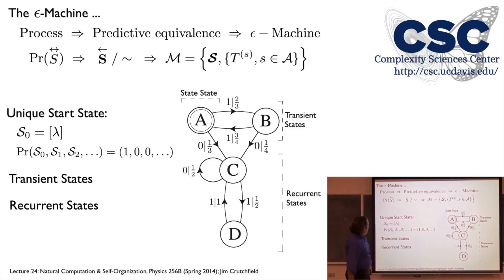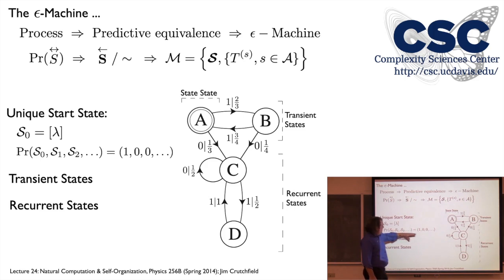Okay. There's always this unique start state, which corresponds to lambda, meaning the null symbol. I haven't made a measurement yet, so I don't know what causal state the process is in, and then I start making measurements, just like for the period 2 process. Initially, it's a fair coin because zeros and ones occur with equal probability, and then I have to make a measurement, and then I know I'm in the odd or even phase of the period 2 oscillation.